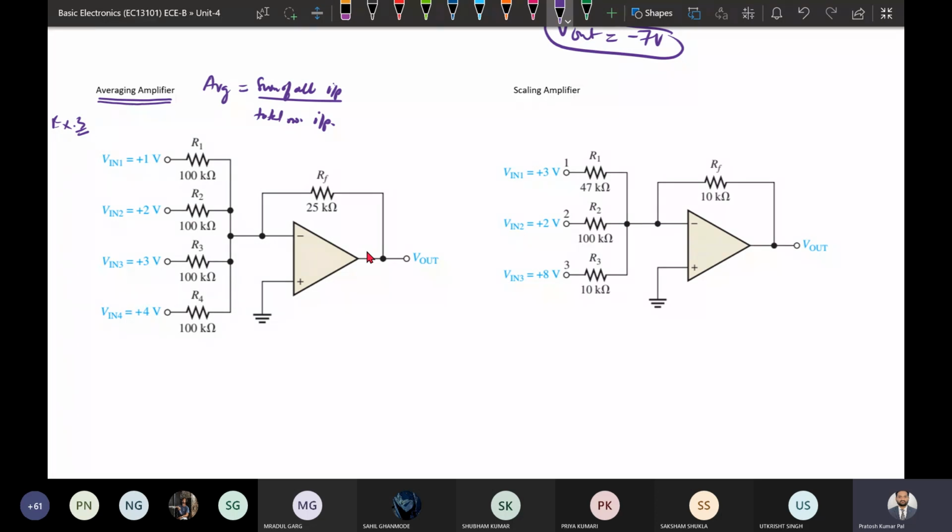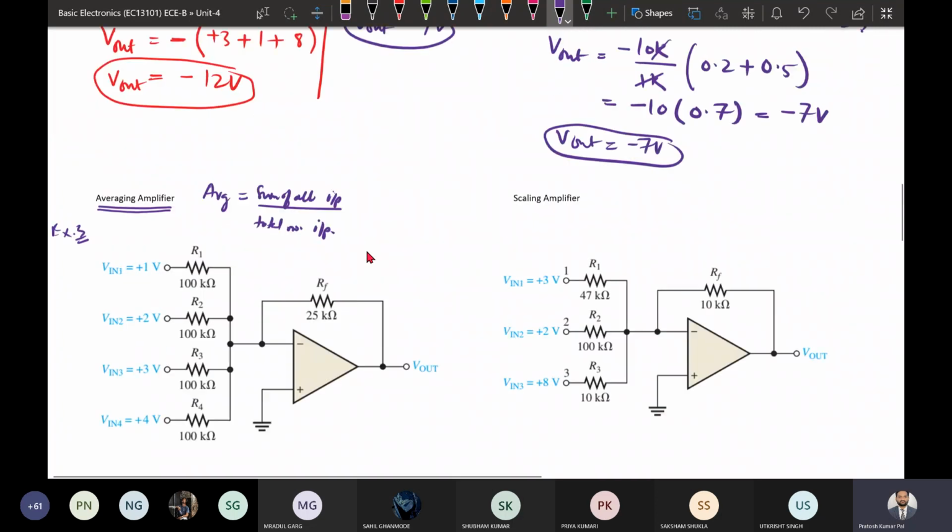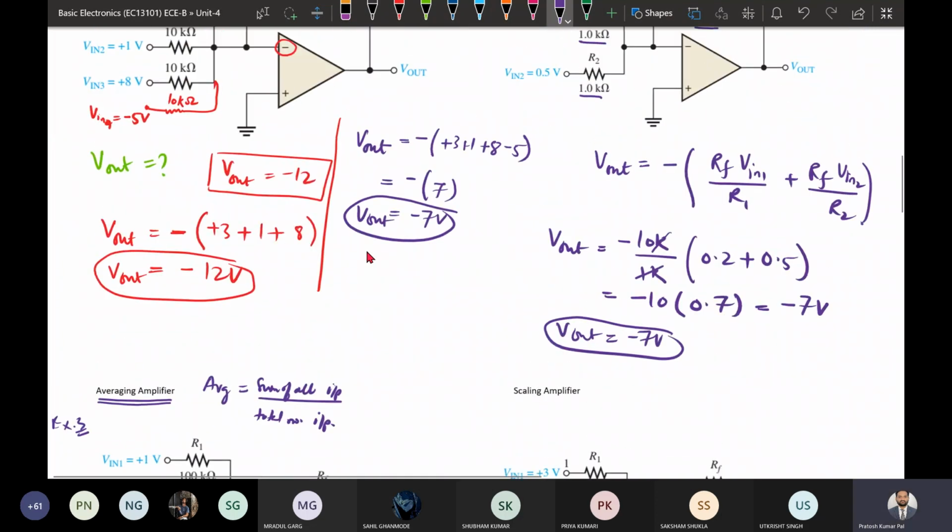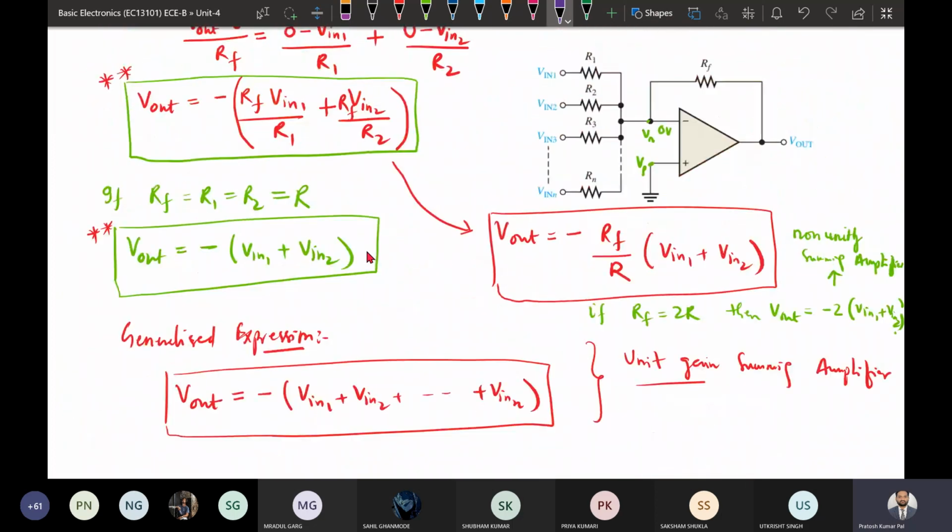To implement that, by using the expression, we can just see that the RF by R ratio should be equal to 1 by the total number of inputs. So if there are 2 inputs, RF by R should be 1 by 2, then it will be an average output.